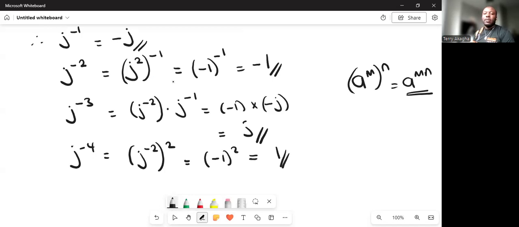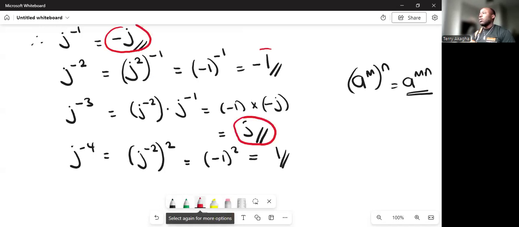So you can see that this is similar to the positive integers. There are only 4 possible answers you can get: you can get minus j, positive j, minus 1, and positive 1. So I'm going to write it down for students that are taking notes as well.